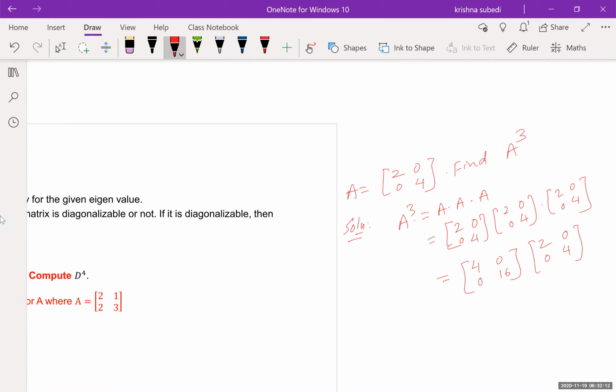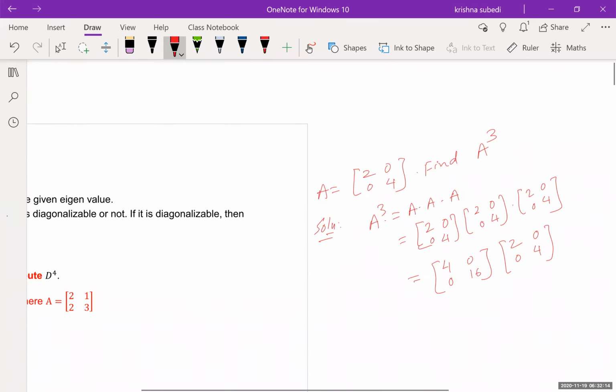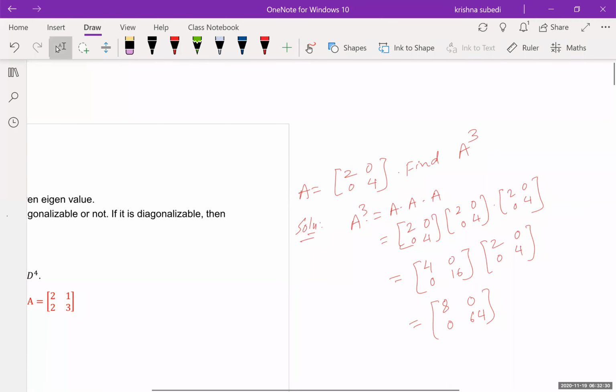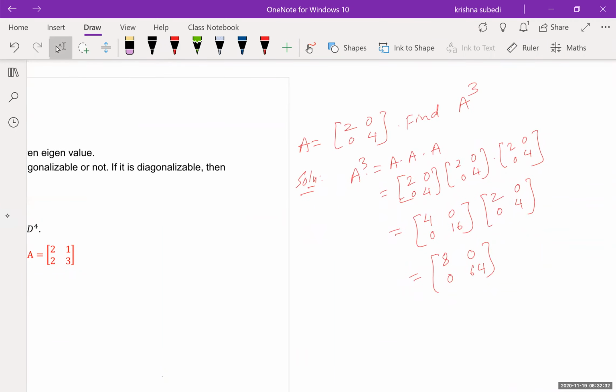If I'm wrong, let me know. Did you get the same thing? Yes, Professor. Okay, now let us multiply these two. So you're going to get [8, 0; 0, 64]. Let me know if I'm wrong. This is correct. So I can write this as [2 cube, 0; 0, 4 cube], right?